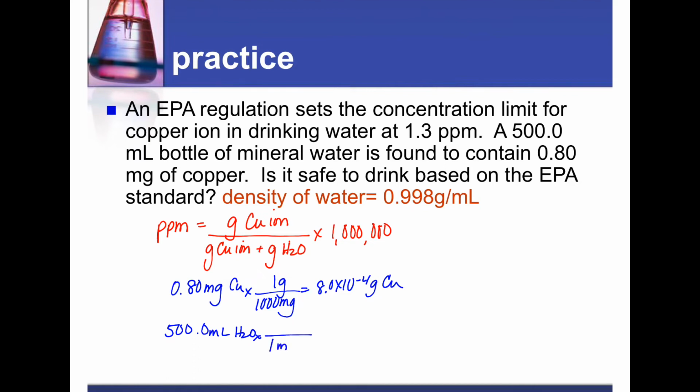It said that 1 milliliter is 0.998 grams. And so when I do that, I get 499.0 grams of water. And now I'm going to put those two things. So I'm going to put my grams of copper there, and grams of copper there. And then I'm going to take my grams of water and put it right there.